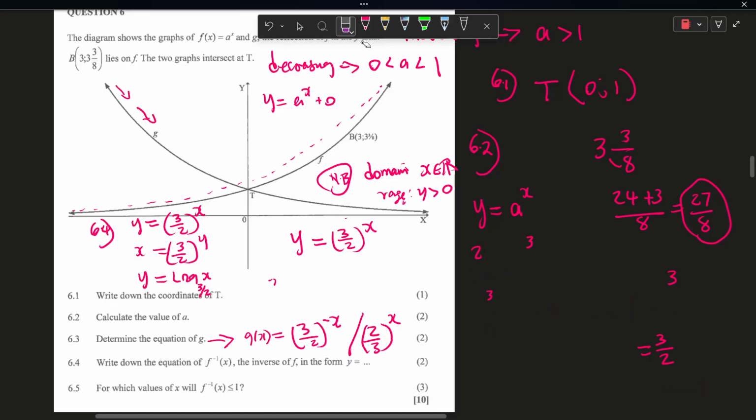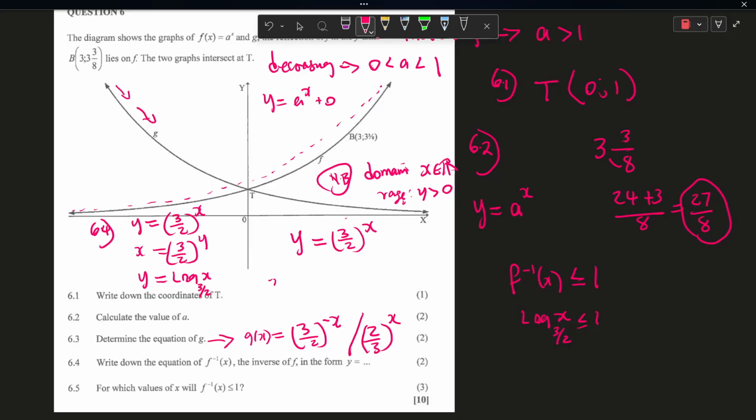All right. Let's look at the last one. This one is very, very important. F inverse of x is less than or equal to 1. Where there is an inverse, we're going to write that log. Log x base 3 over 2 is less than or equal to 1.